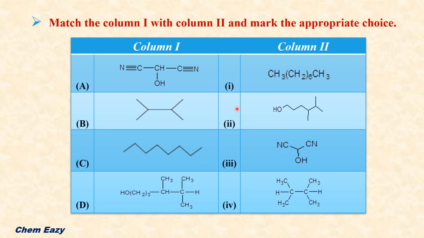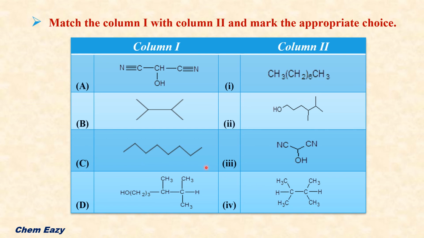So A matches with 3. Next one is B. Here bond line structural formula is given. This B structure matches with the condensed structural formula of 4. So B matches with the fourth structure from column 2.